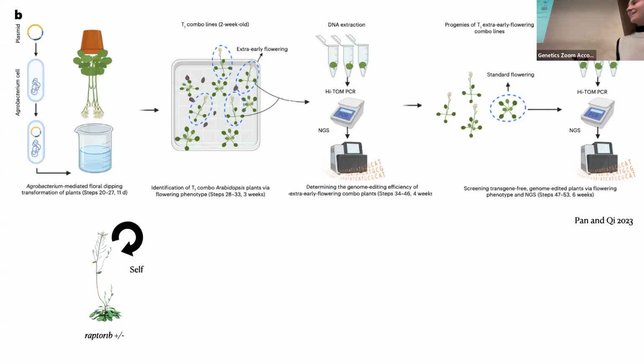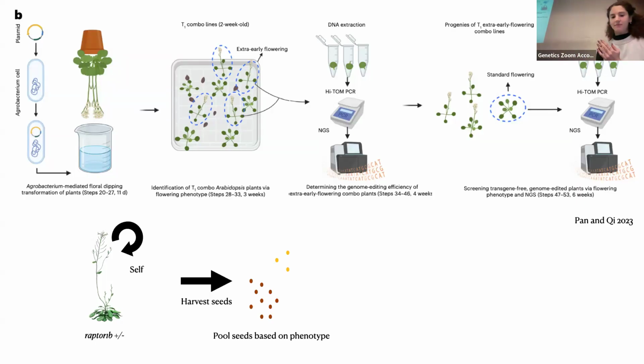If the homozygotes are dead, take the heterozygotes, self them, which means to just let them breed with themselves, and then you harvest seeds and pool them based on phenotype. So remember that picture from the very beginning that had the really tiny seed? That is probably what it will look like when we look at the seeds if it's embryo lethal.